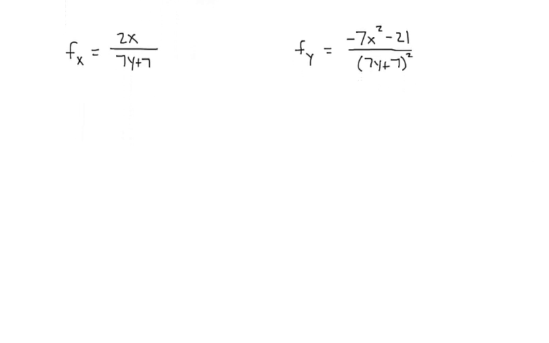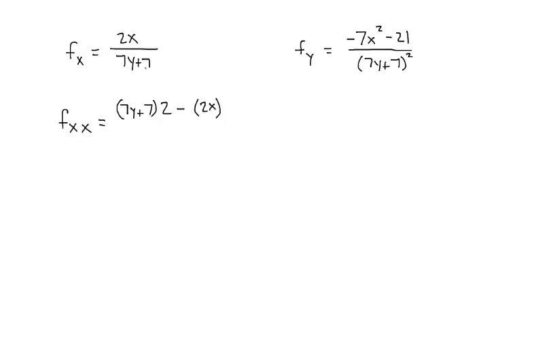So in this first partial, f with respect to x with respect to x, we're going to start with our f with respect to x, and we're going to take it with respect to x again. So we have the quotient rule: 7y plus 7 times the derivative of the numerator with respect to x, which is 2, minus 2x times the derivative of the denominator with respect to x.